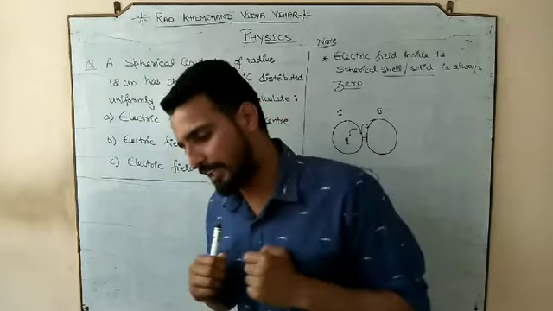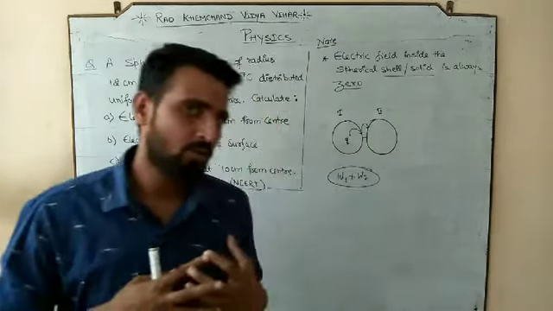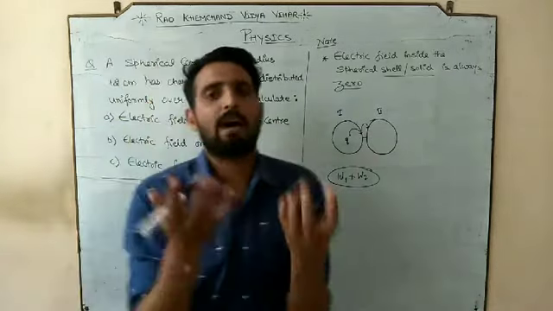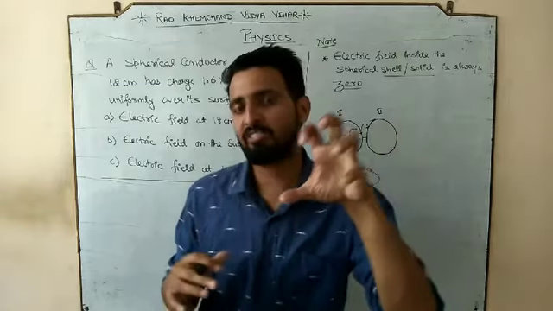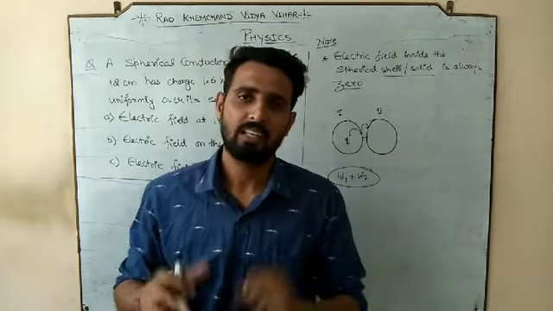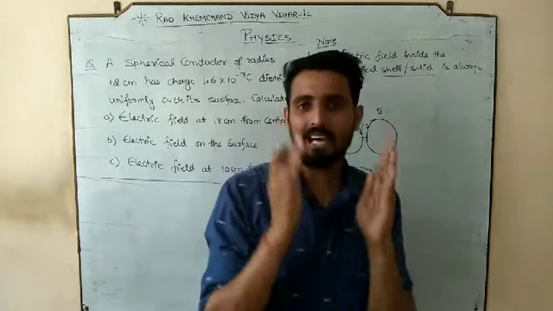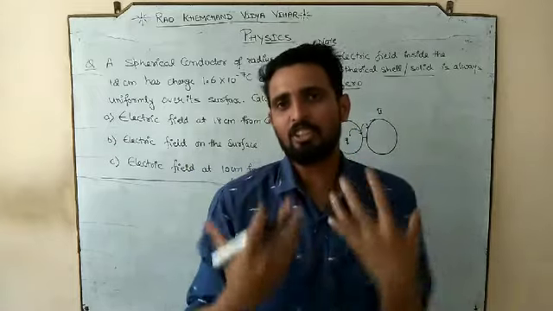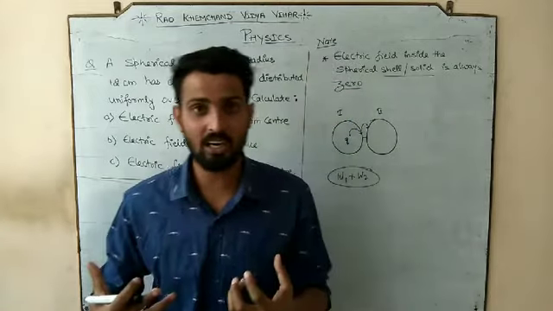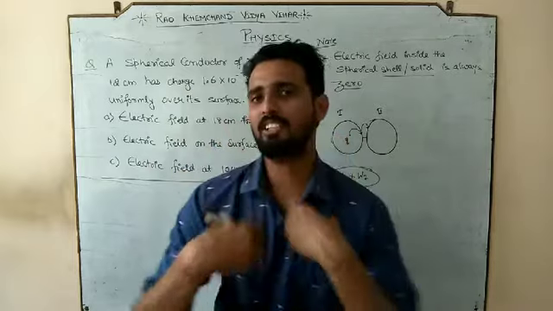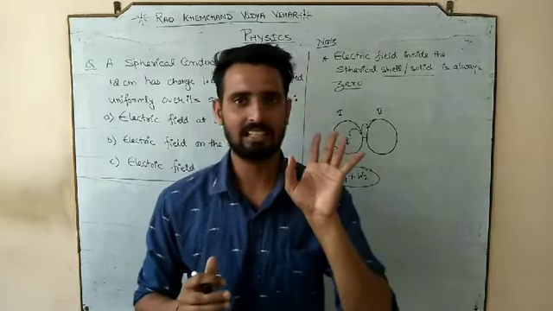That thing is totally clear to you. The more work done on the body or by the body, the more energy is stored in the body. I think that is clear.